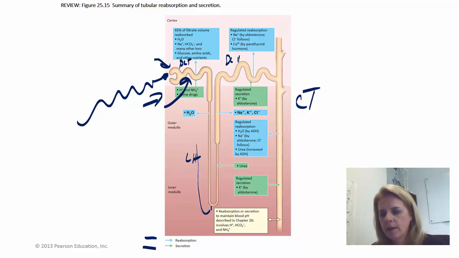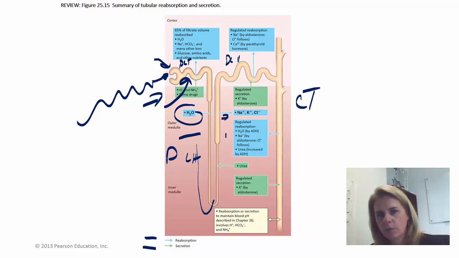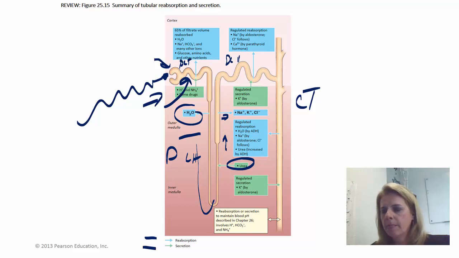As you go through the loop of Henle, mostly you're looking at salt and water balance. You see absorption of water on the descending limb, and ion reabsorption on the ascending limb. That's important, so pay attention to where it's occurring, ascending or descending limb. You also see the secretion of urea into the ascending limb of the loop of Henle.